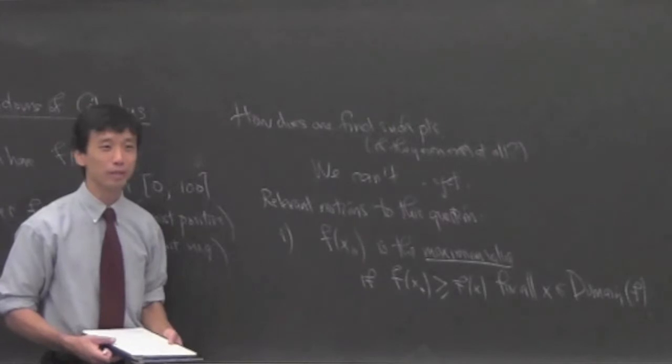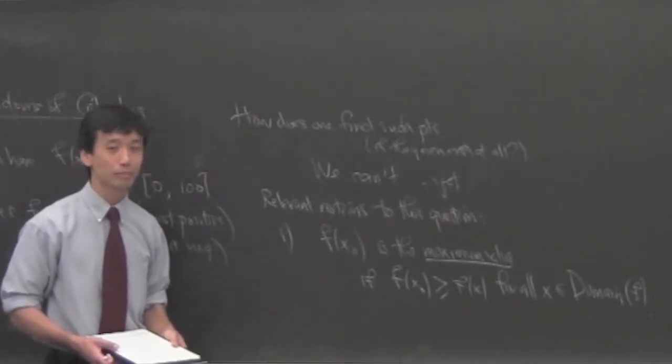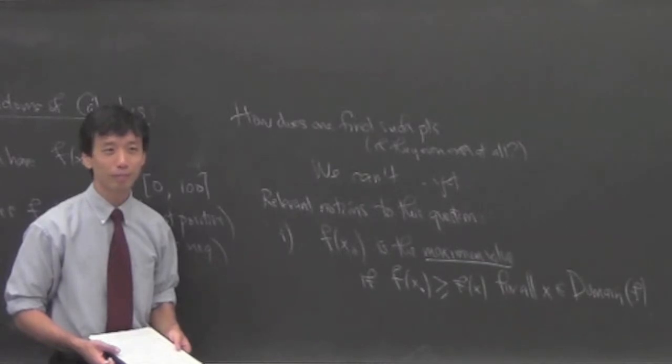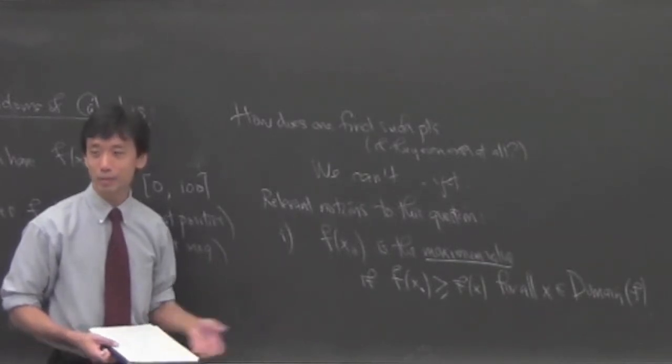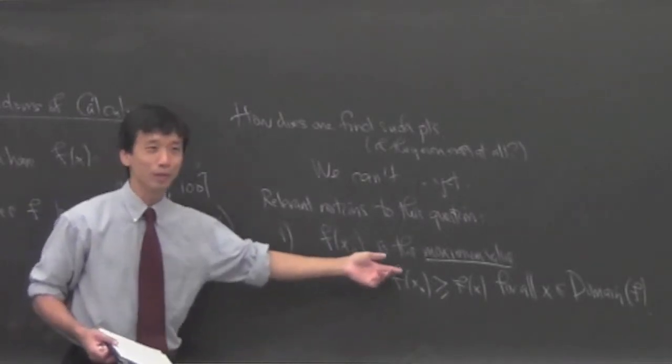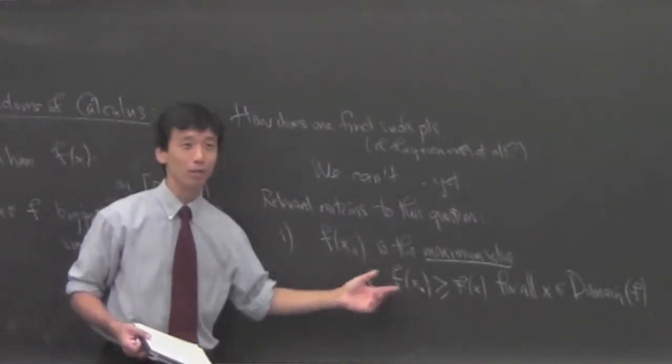Okay. That makes sense, right? This is how you would define a max, right? The maximum value is the value that's bigger than or equal to all of the values.